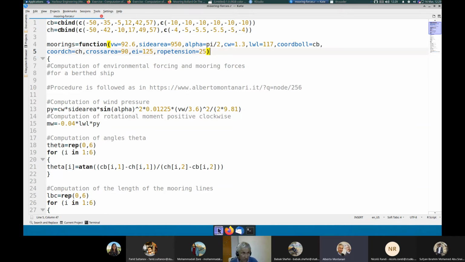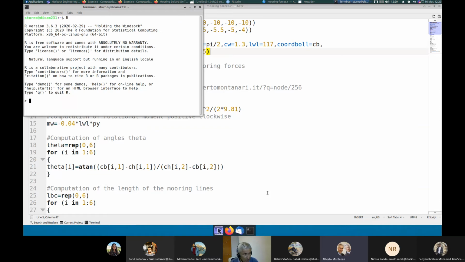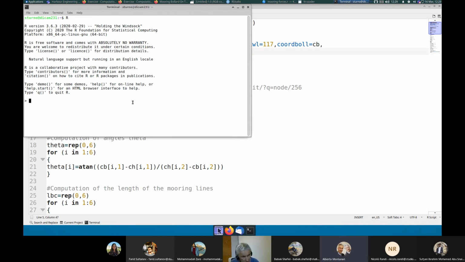So, in order to give the example, let me open a new R console. This is a new console, okay? Why am I opening a new console? Just because I don't want to interfere with what I'm doing with RStudio.